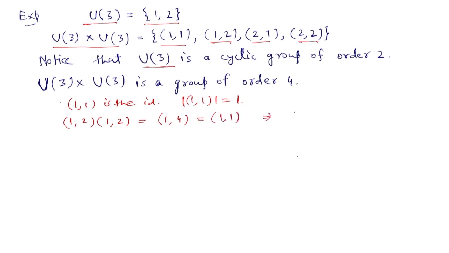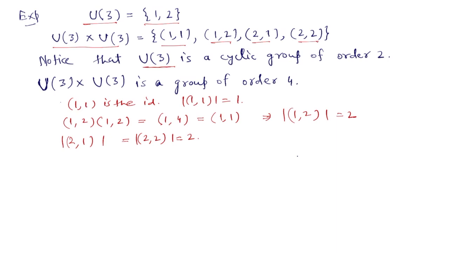So this implies the order of (1, 2) is 2. Similarly, you can check that the orders of (2, 1) and (2, 2) are also 2. So all the non-identity elements in U3 cross U3 are of order 2. No element is of order 4.